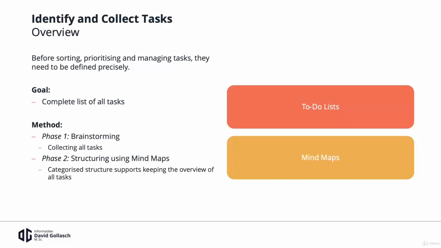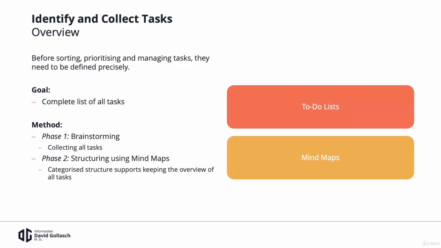In the first phase, brainstorm all the tasks that you have to fulfill based on a to-do list. So you collect all the tasks that come into your mind in the first place. And in the second phase, we try to find and identify the tasks that we might not have considered in the first place by structuring all the tasks on the to-do list into a categorized and structured mind map. Add all the missing tasks that we identify using this mind map, because we get a proper overview of your project or whatsoever.